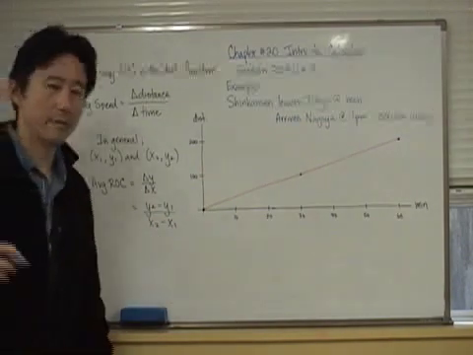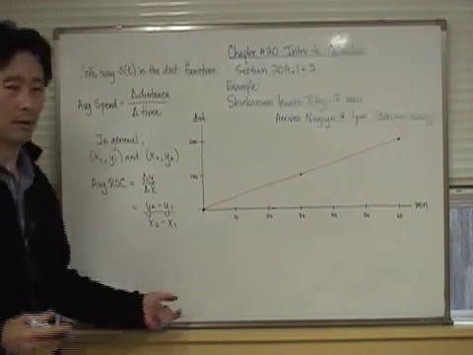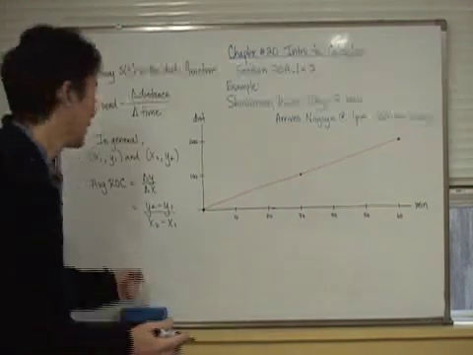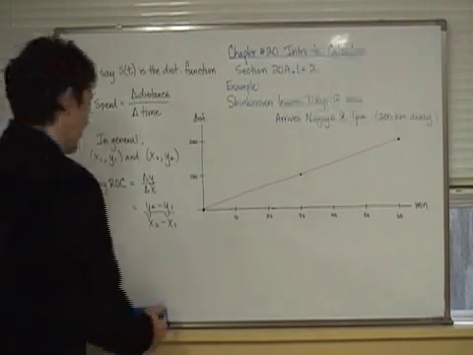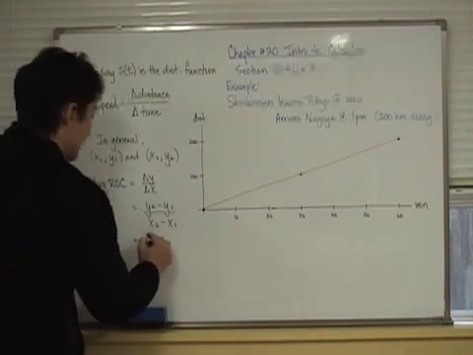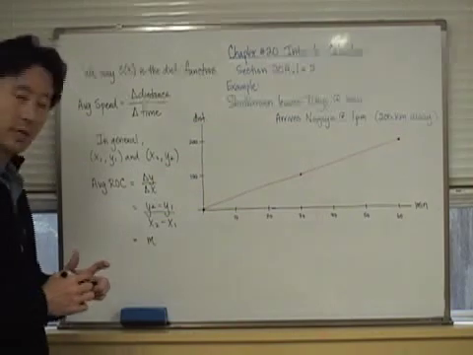Now I'm hoping that all of you recognize this formula here. What is that? You guessed it. That's how you calculate the slope of a line. So this is another way of calculating the slope.